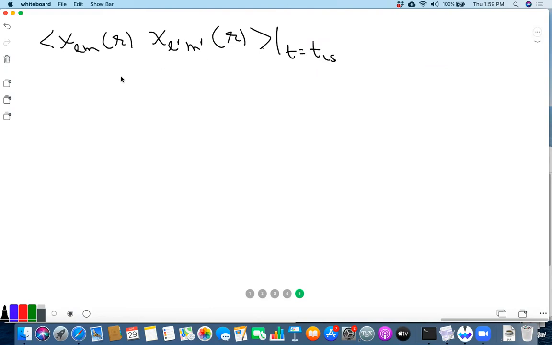This is given in terms of the R theta phi correlation function.